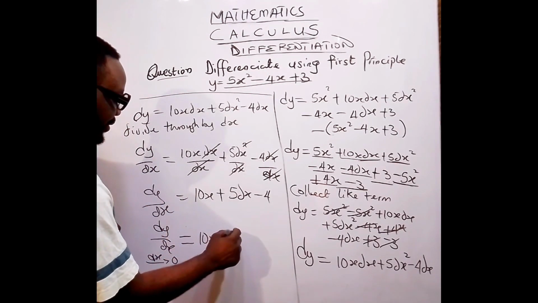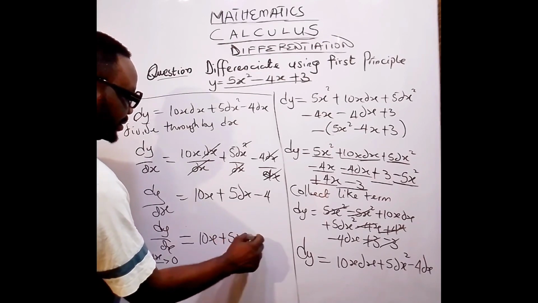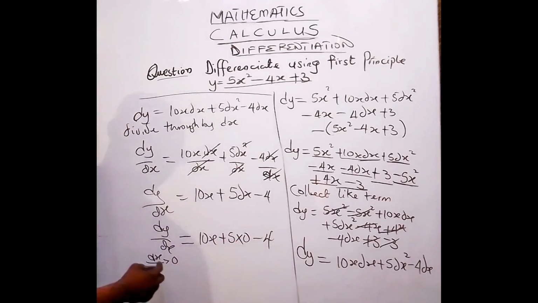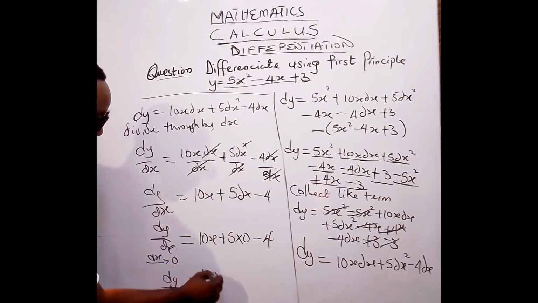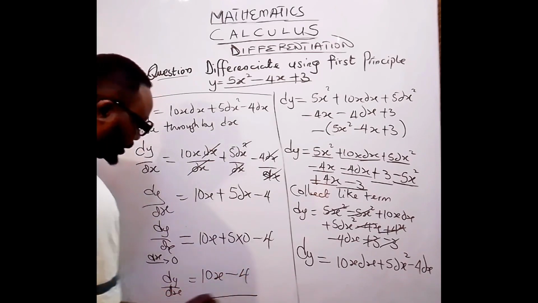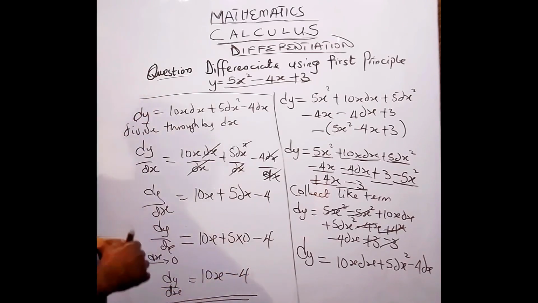So it is 10x plus 5 multiplied by 0 minus 4. You can now have the final answer: the y dx will be equal to 10x minus 4. This is the final answer for that step.